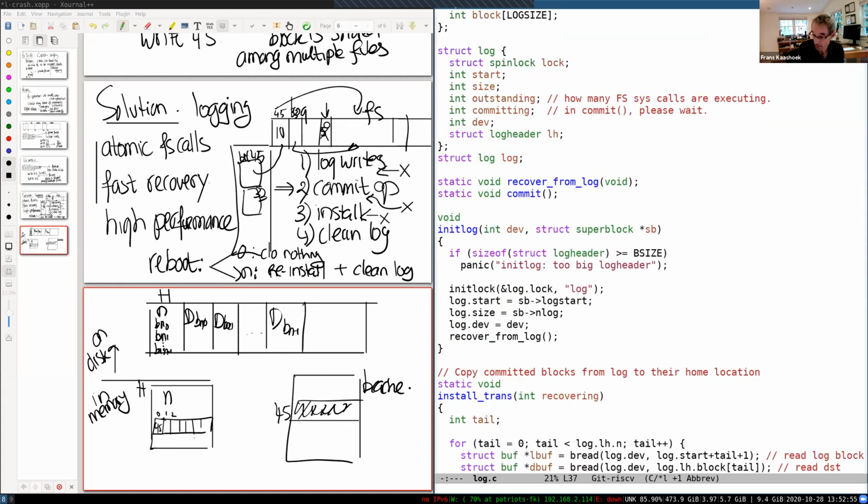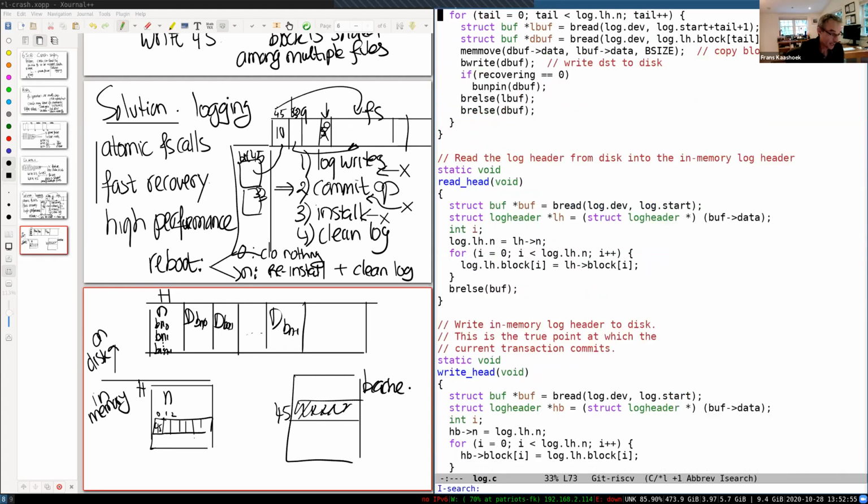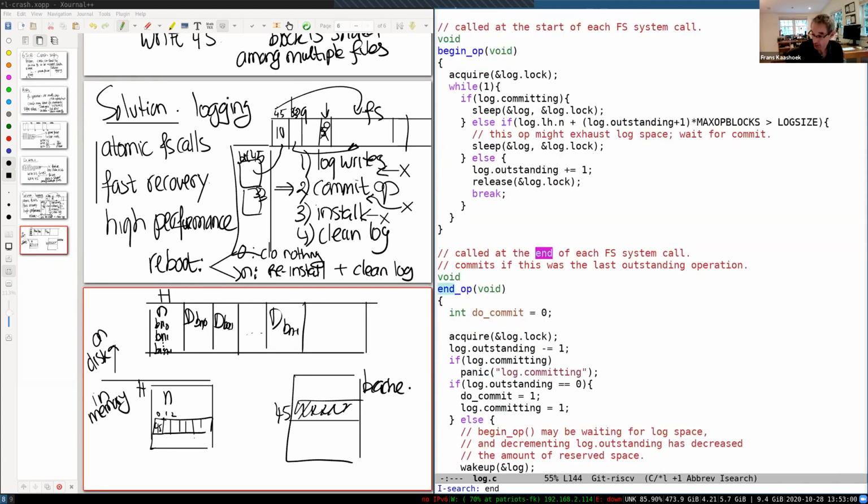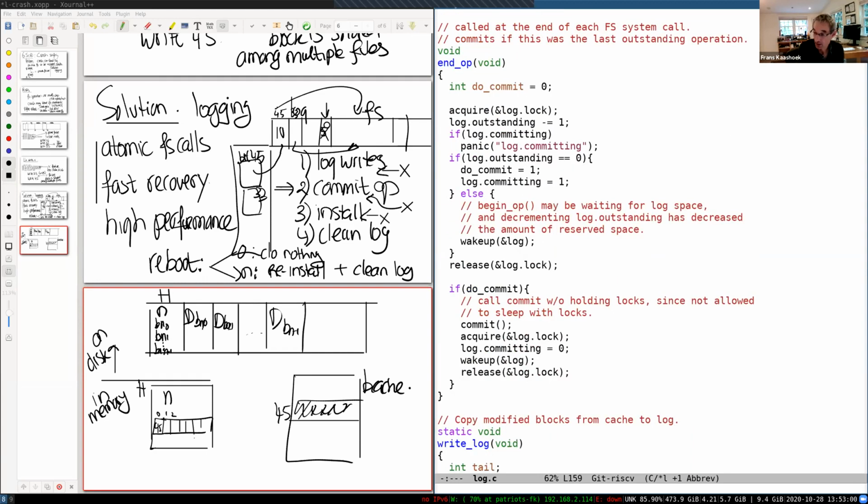Okay, now let's see what actually happens at end op, because that's where the exciting part happens. There are a couple of cases that I want to avoid talking about until a little bit later, because even this simple logging system has some subtle complexities, and most of the beginning of this code deals with them.